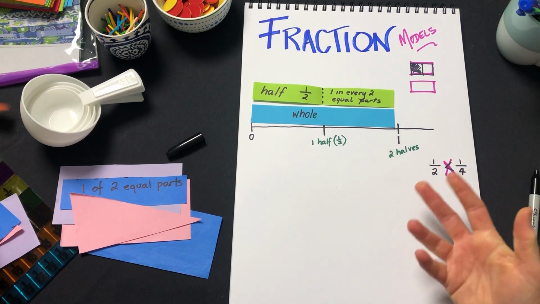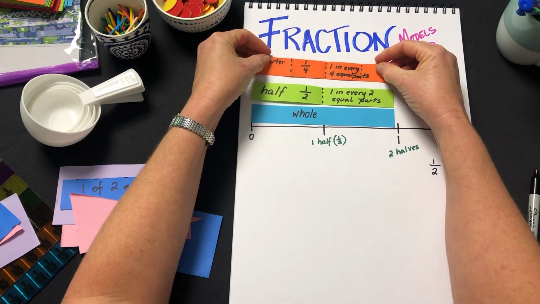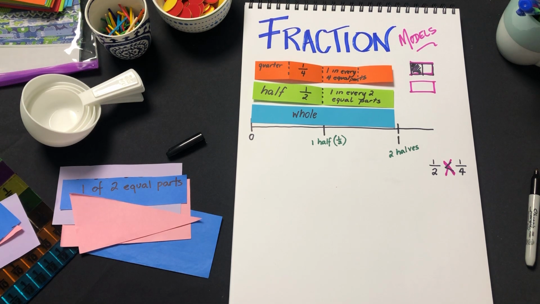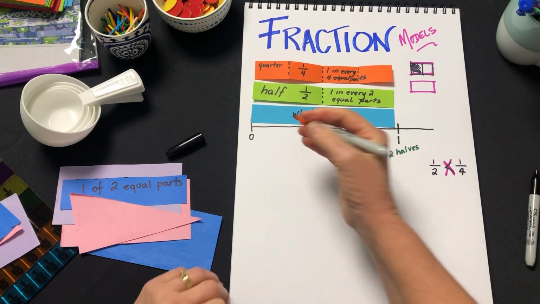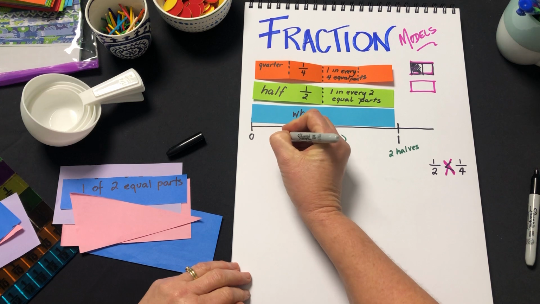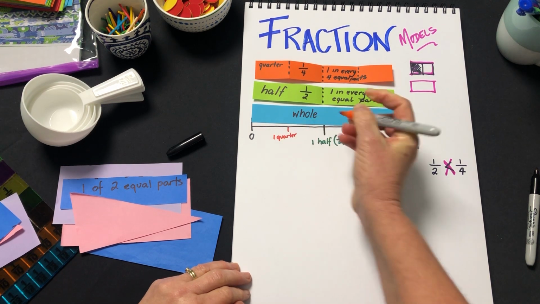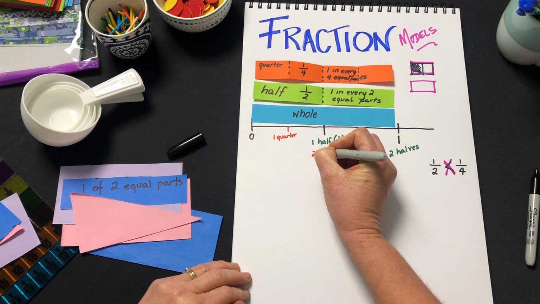You could go on to thirds. I tend to go to quarters next and start building that relationship up. And again, we could come down, label 1/4, 2/4, and so on.